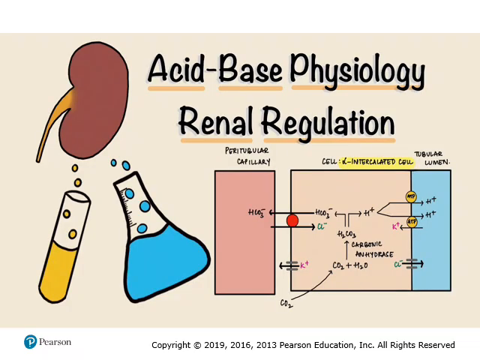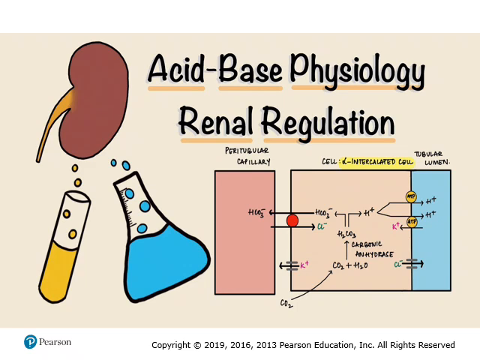Let's take a look at the acid-base physiology by the kidneys. The kidneys eliminate non-volatile, meaning fixed, acids that are produced by cellular metabolism, like phosphoric acid, uric acid, lactic acid, and ketones. This is to prevent metabolic acidosis. The kidneys also regulate blood levels of alkaline substances and renew chemical buffers.